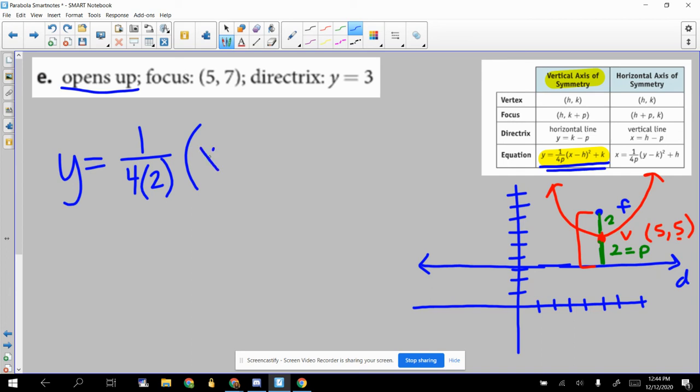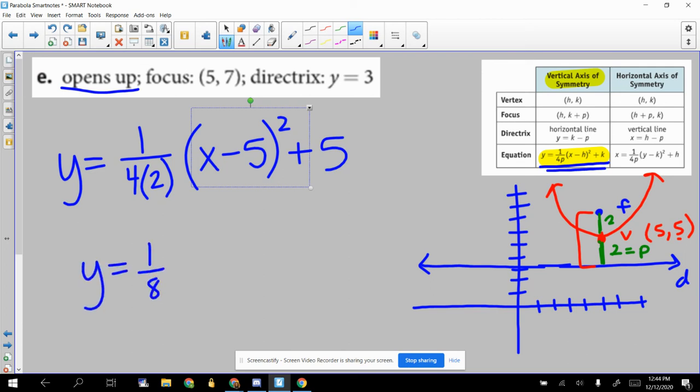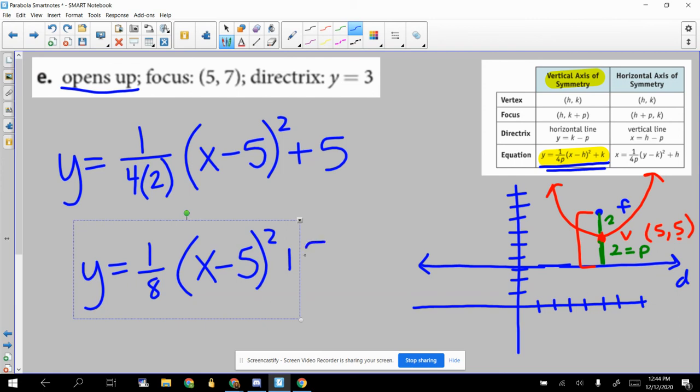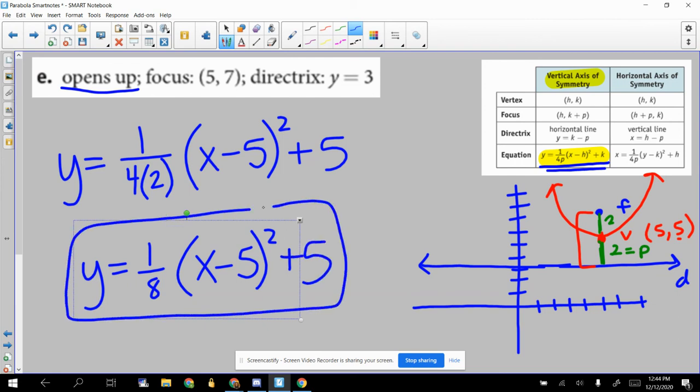So we have that it moved to the right 5, so x minus 5 squared, and up 5, so plus 5. So let's go ahead and simplify, and we get 1 over 8, and then x minus 5 squared plus 5. And again, pretty cool because we didn't even have the vertex for this one, but just with the focus and the directrix, we could figure out where that vertex is.